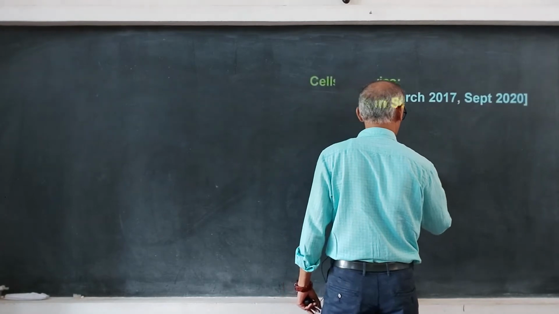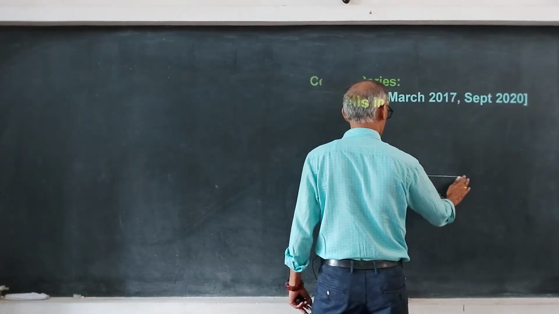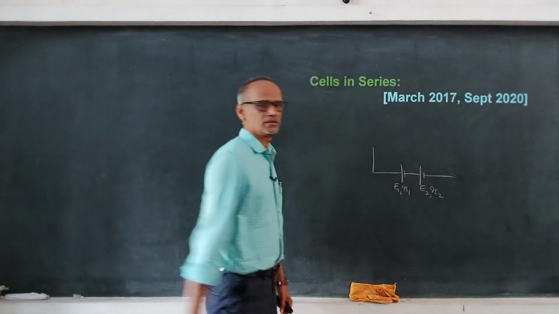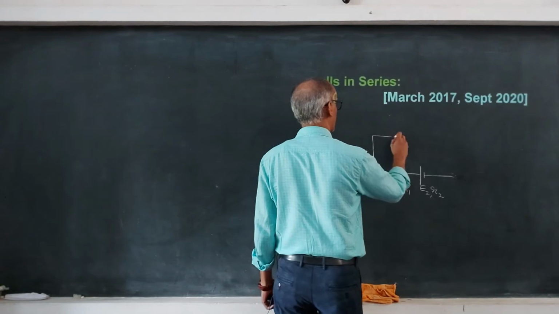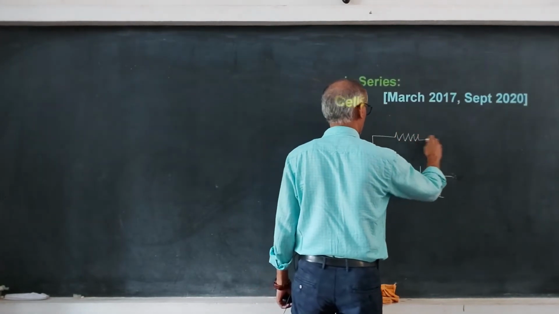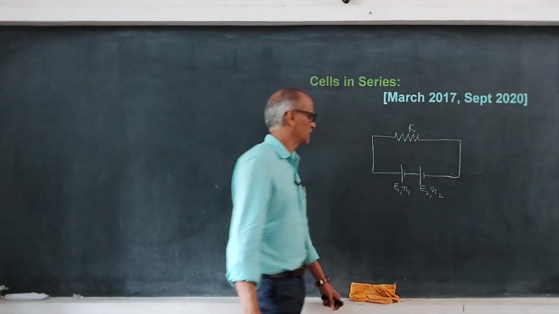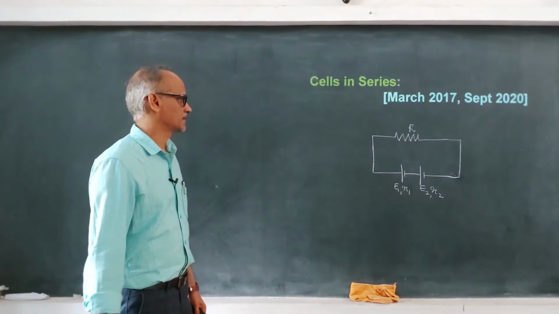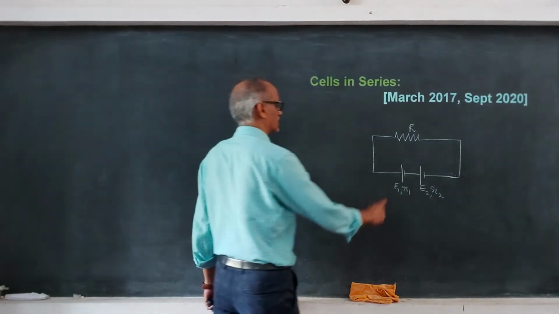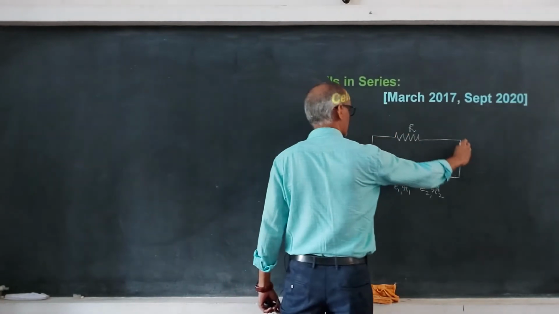The second cell has EMF E2, internal resistance r2. We can connect many more cells. Now, to this, I am going to connect only one external resistance. We can connect any number, but this is for easier understanding. So, this is a simple circuit, cells in series, and the current is the same throughout the circuit, current I.